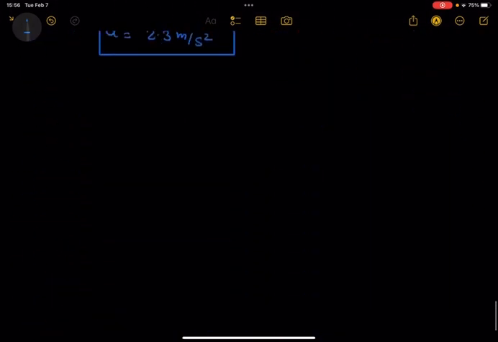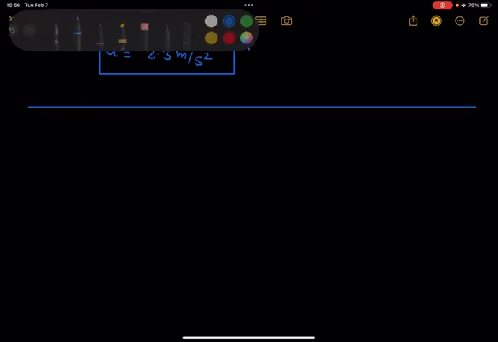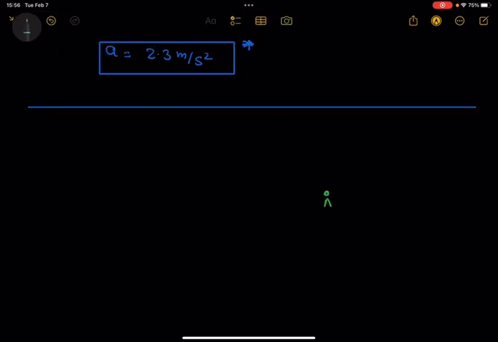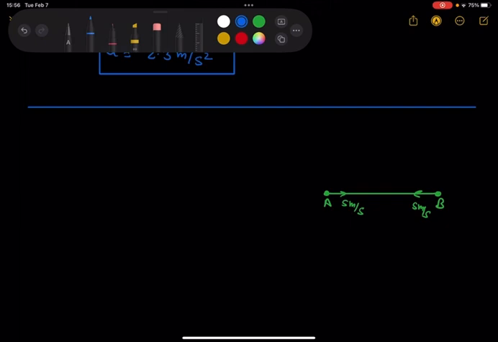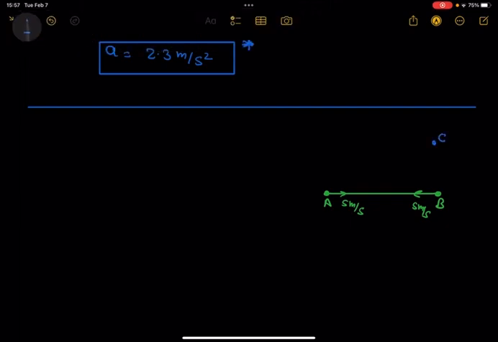Suppose this is A and this is B. Both are moving somewhere along the line joining, and the point C is located in such a way that BC is perpendicular to the AB line, like this. So this is 30 meter, you know very well, and this is 40 meter.